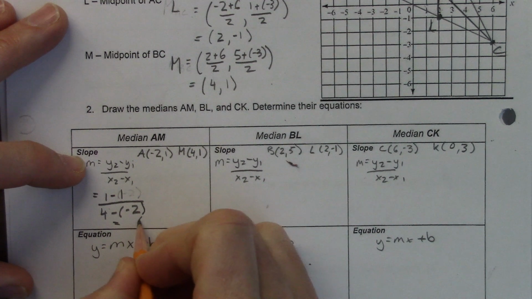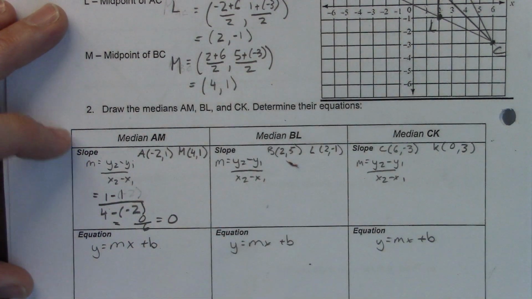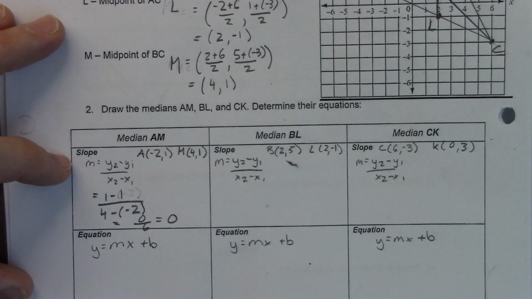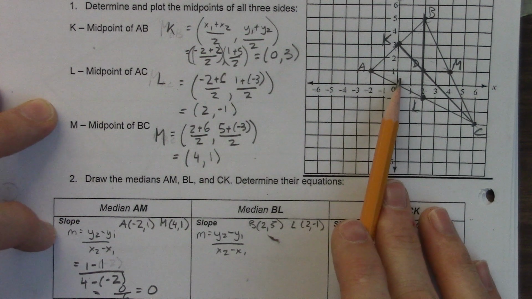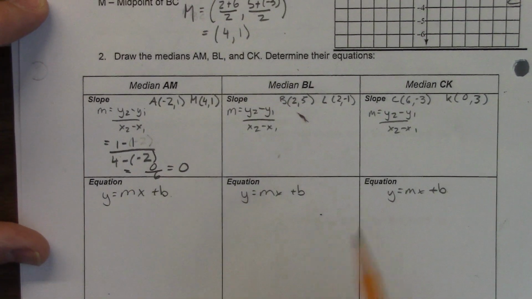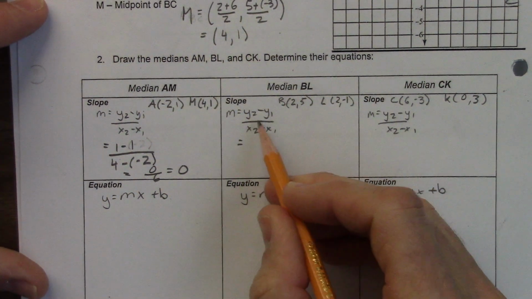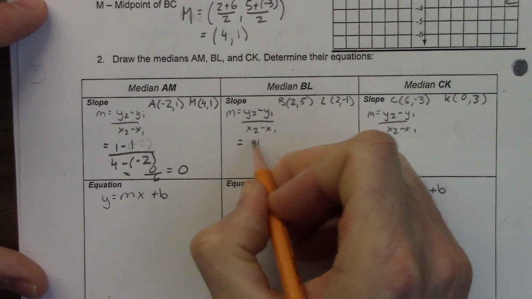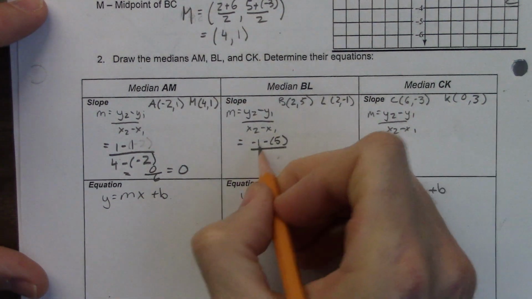So we get 0 over 6, which is just 0. Okay, so our slope is 0. Does that make sense? We have a horizontal line. Does it make sense that it has a slope of 0? Right? Because it's rising 0 as it runs 6.